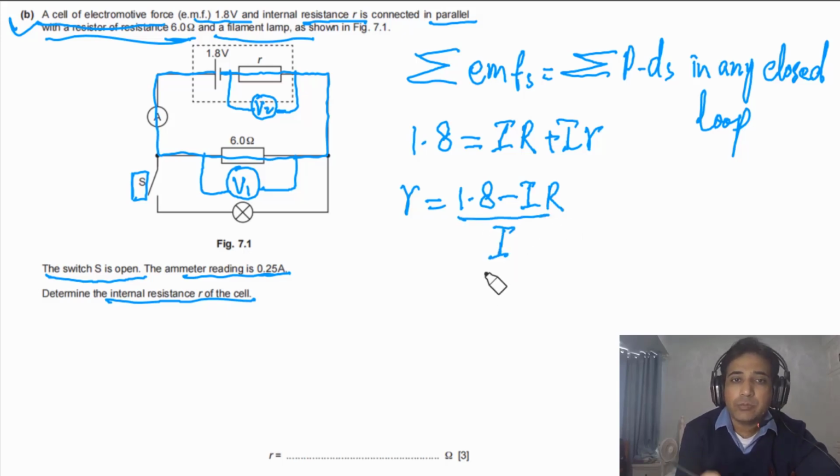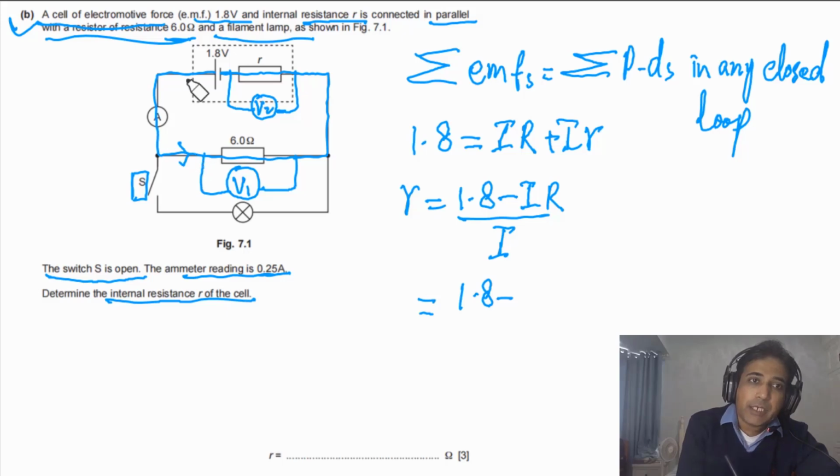Now simply plug in values and you will get the final answer. Here we have 1.8 minus the value of current, meaning the current passing through this resistor, and this resistor is the same, and the value of current is 0.25. Why is the current the same? Because current coming from this side of the battery will pass through this one, and also through this.